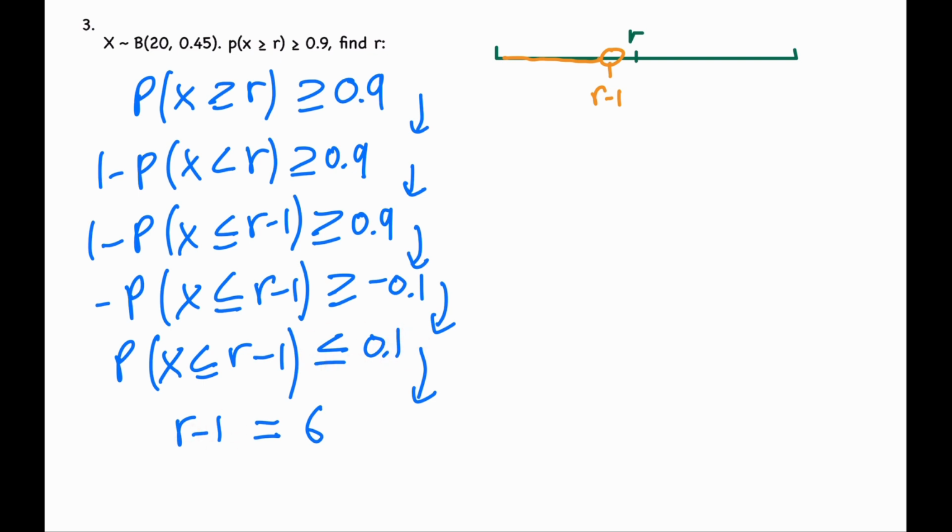If we substitute r minus 1 back in, because we know our r minus 1 is equal to 6, let's substitute that back into this equation up here. We know that p of x is smaller than or equal to 6. Now, using the binomial here, we're going to find out what value we get. And if it's smaller than or equal to 0.1, we accept this value. And then we're going to test values nearby it.